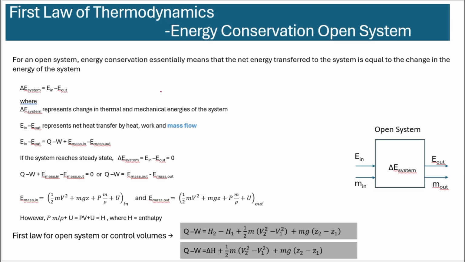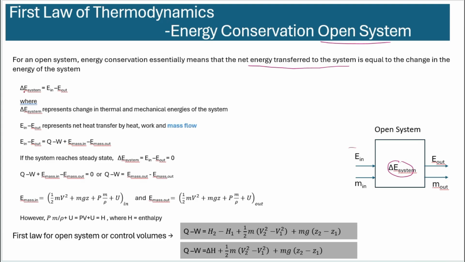Let's get back to the first law of thermodynamics, but this time for an open system. Again, the energy conservation essentially means the same thing. The net energy transferred to this open system is equal to the change in the energy of the system. So this is the change in energy, and this is the net energy transferred.